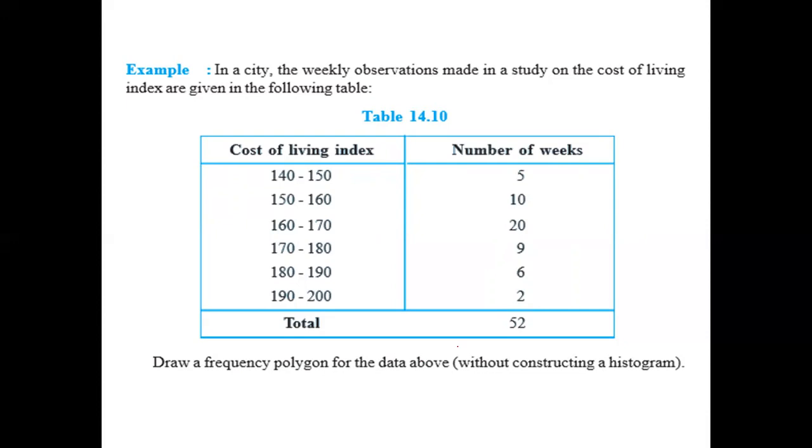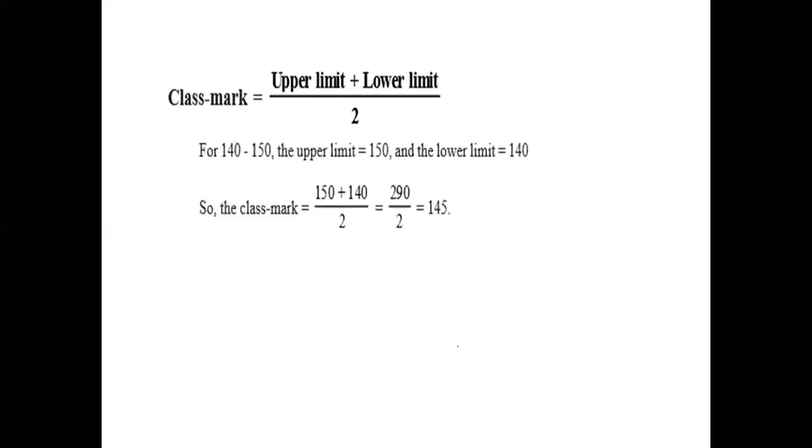We had learned that we need class marks. The formula for class marks is upper limit plus lower limit upon 2. Let us take a class interval of 140 and 150. The upper limit is 150 and the lower limit is 140. The class mark will be 150 plus 140 upon 2, that is 290 upon 2, which will be 145.